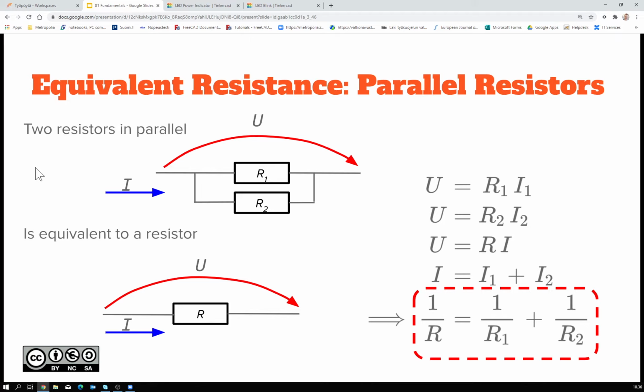So current doesn't disappear. If we have current flowing through a closed circuit, then you have the same current flowing from the positive terminal and returning to the negative terminal.